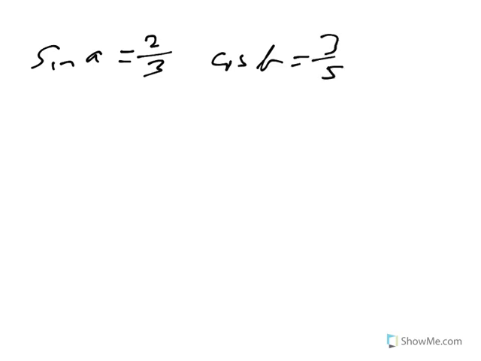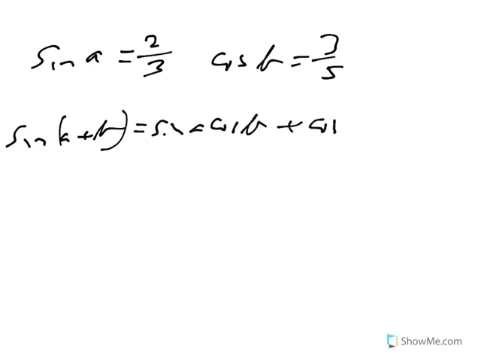I could have other known information. Actually, it's easier if I tell you sine A and cosine B, because you're not as tempted to add them together. Sine A plus B is sine A cosine B plus cosine A sine B. Well, sine A is given to me as 2/3, and cosine B is given to me as 3/5.